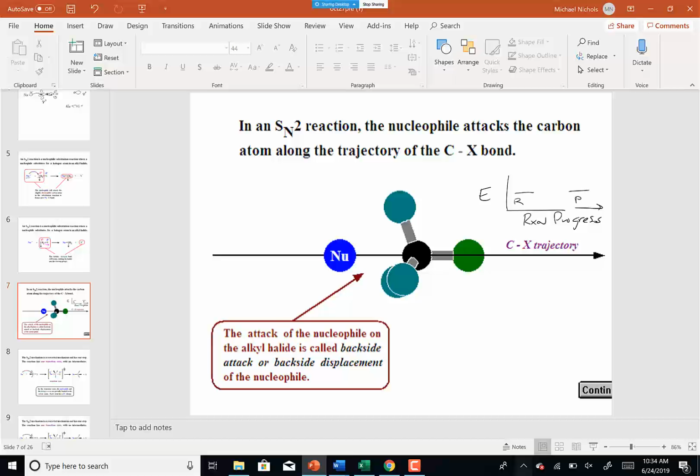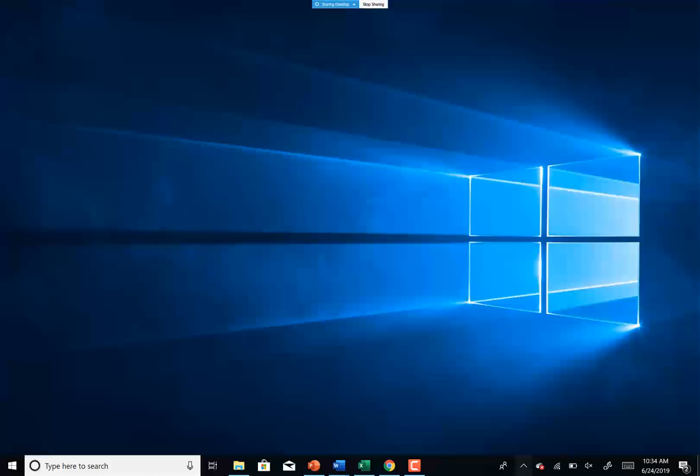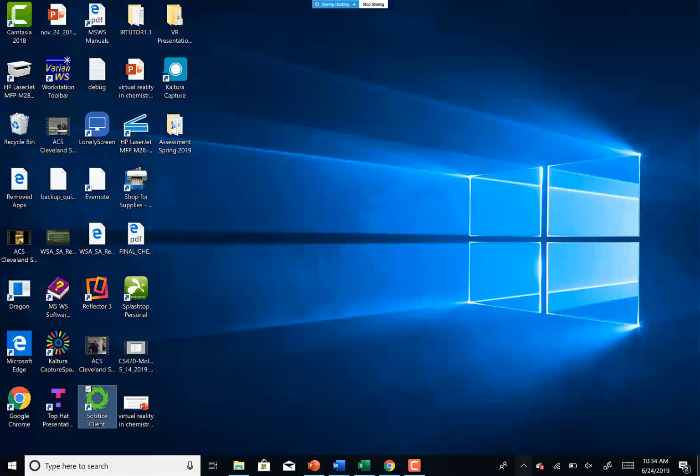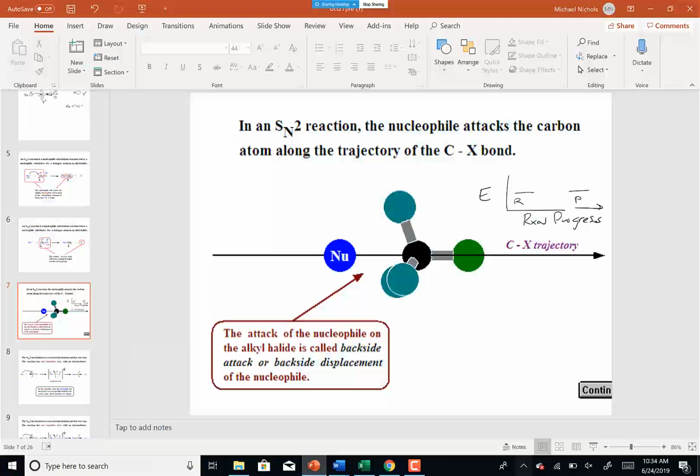On my energy diagram, whether the reactants have the same energy as the products is a question of whether the reaction is endothermic or exothermic. If it takes energy to form the products, then it's endothermic. If it gives off energy in the reaction, it's exothermic, and we'll come back to those terms.